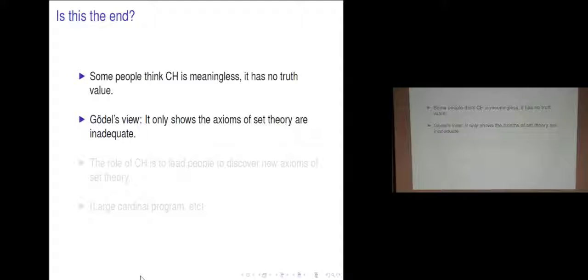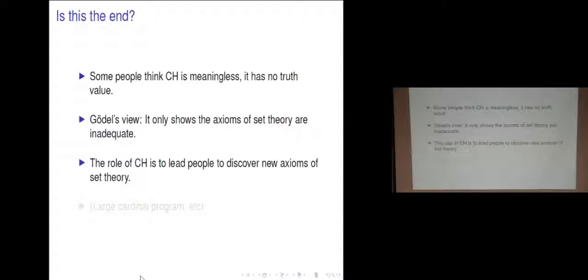We don't have an answer only because the set theory axioms are not adequate. So there's a reality, and set theory is trying to describe the reality. Set theory is unable to decide CH only because set theory at this moment is not sophisticated enough. So Gödel believed the role of CH is to lead people to discover new axioms.